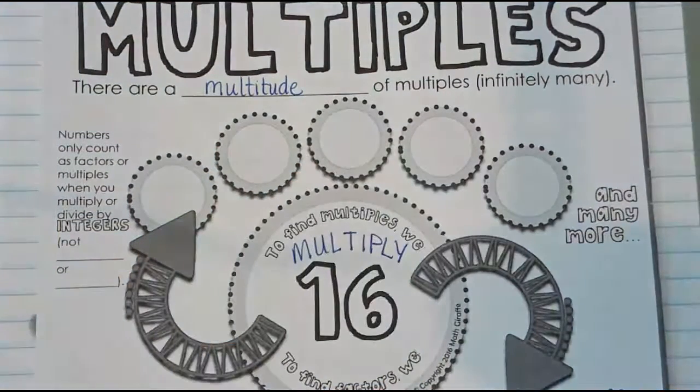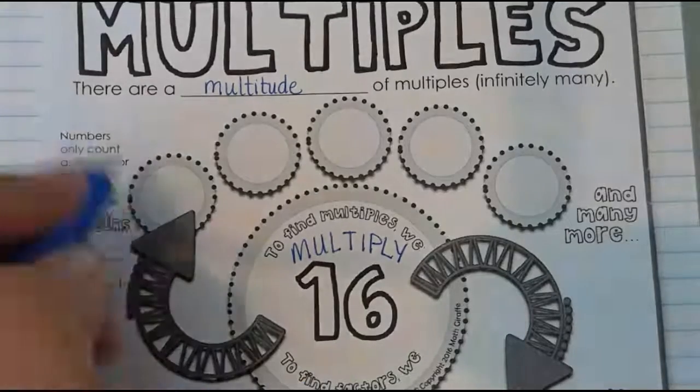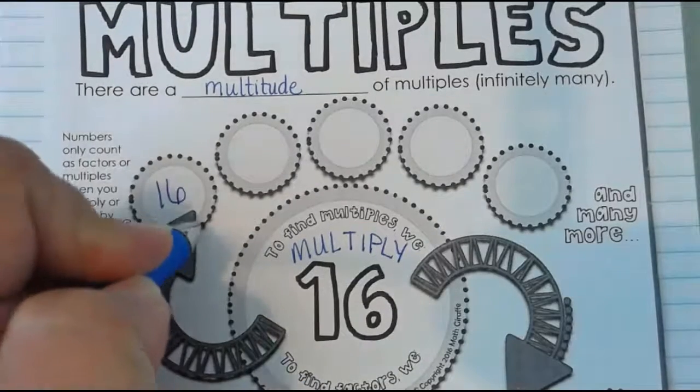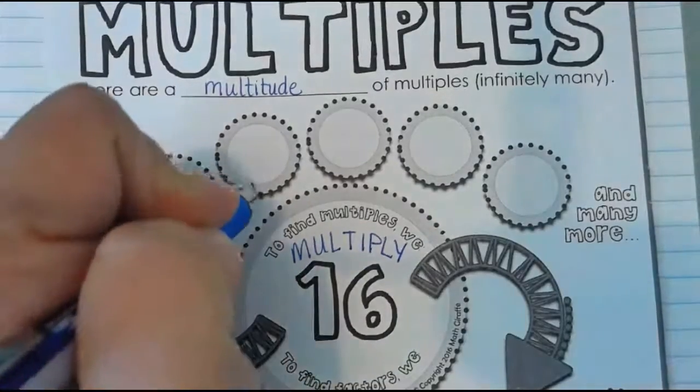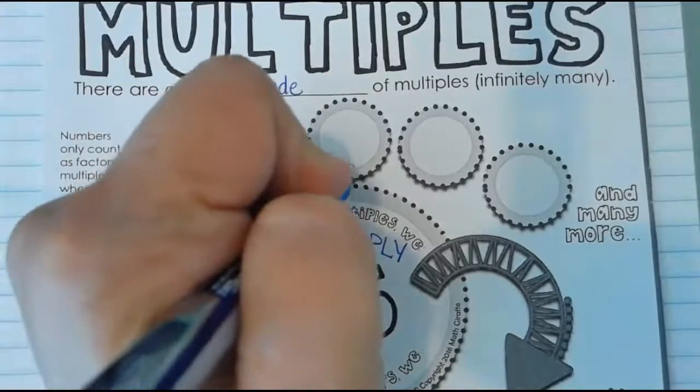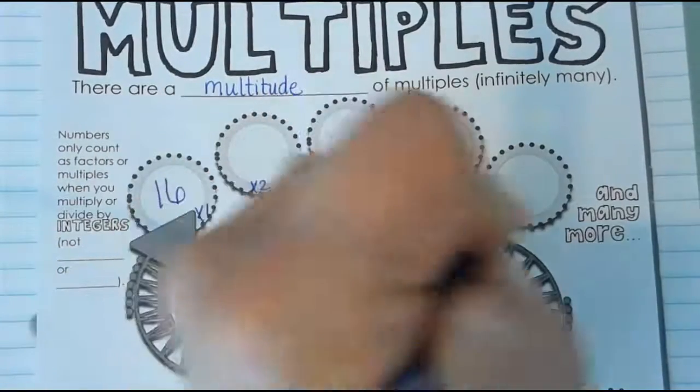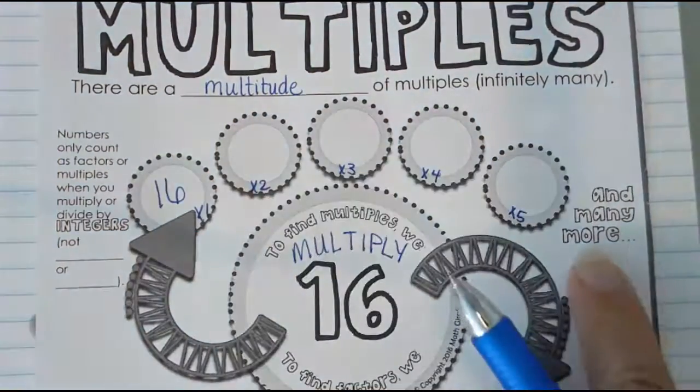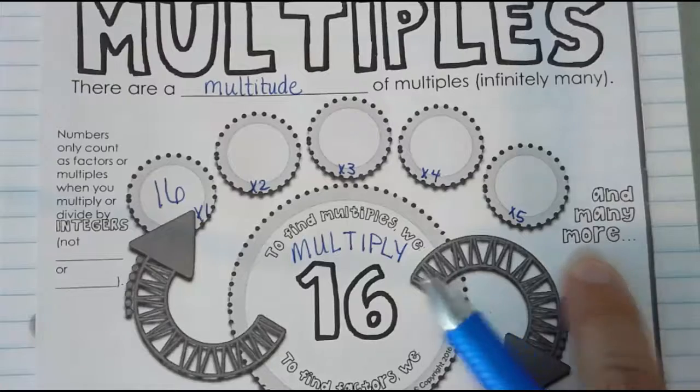We will multiply. So we're going to take 16 and we're going to say 16 times 1 is 16. This is times 2. This will be times 3. This will be times 4 and times 5. Plus many, many more.